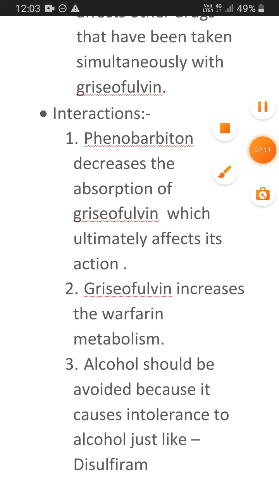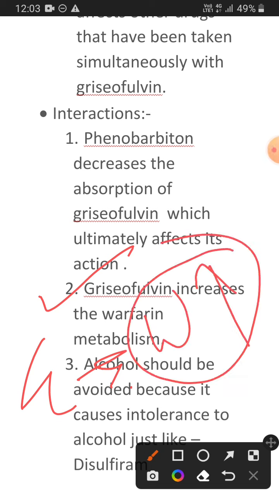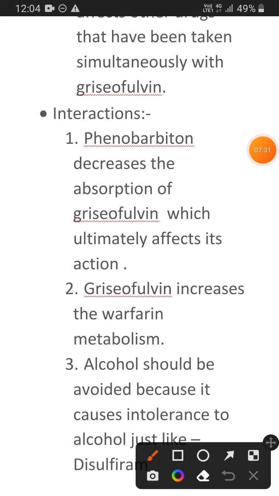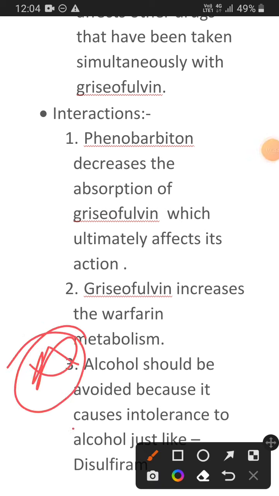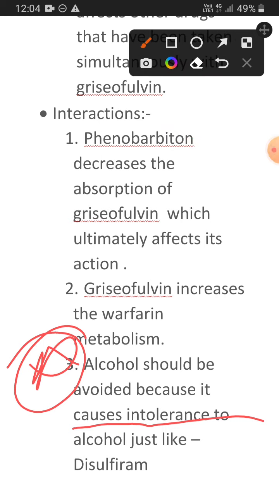Again, if you are taking griseofulvin, then it has the ability to increase the metabolism of warfarin, which is also not good for us, because if warfarin is continuously metabolized, then the concentration of warfarin will decrease. So we have to add this. And the most important thing is, alcohol should be avoided when you are taking griseofulvin as an antifungal treatment, because it can act just like disulfiram.